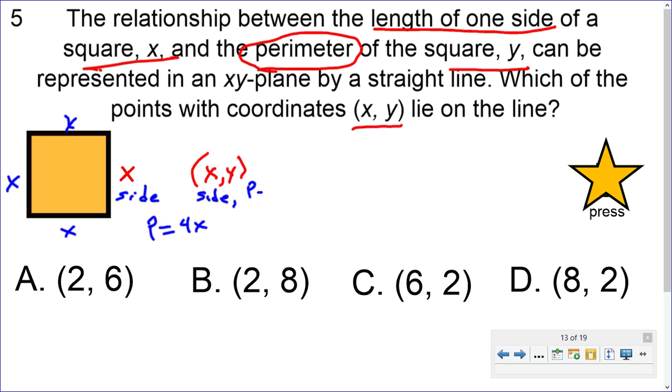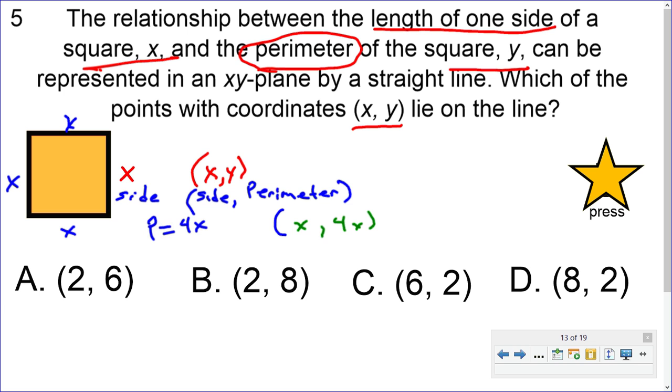So our relationship would be the sides to the perimeter. Our perimeter would be 4x, and our side would be x. So there's the relationship. If you notice, the value for the perimeter is 4 times the size of the value of the side.